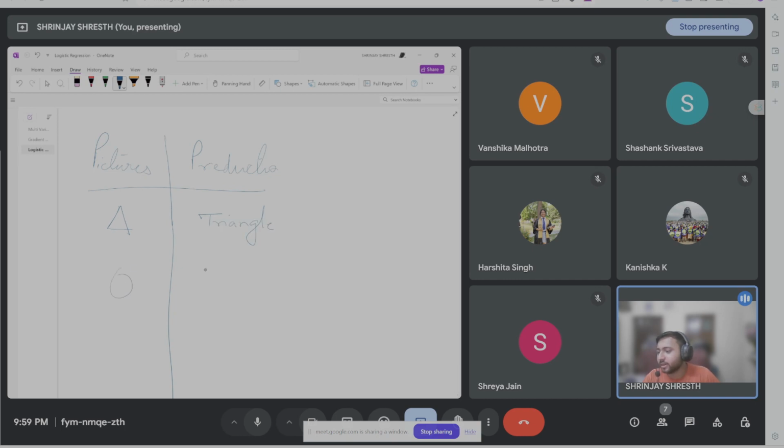If this is your figure, the prediction should be that it is a circle. If this is a picture, it should be a square or a rectangle, whatever you may choose. No issues. If this is your figure, okay, let me change it. We have some other figure. If this is your figure, the prediction should be a kite.